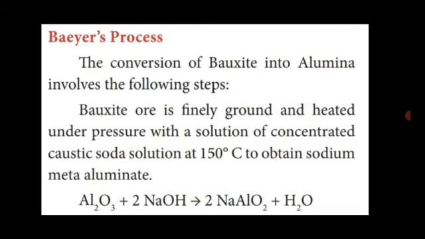The bauxite Al2O3 reacts with caustic soda. The coefficients represent the number of moles. Bauxite mixed with caustic soda gives sodium metaaluminate. What is the formula of sodium metaaluminate?